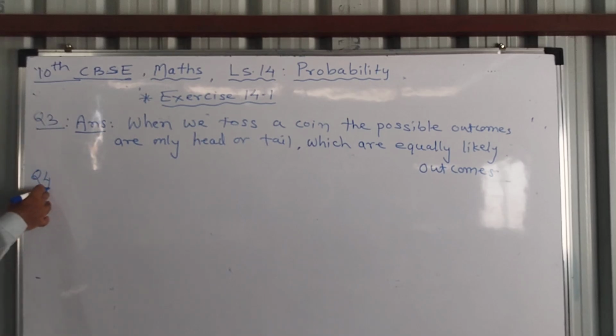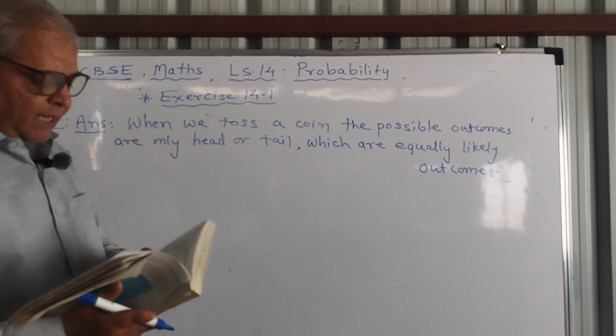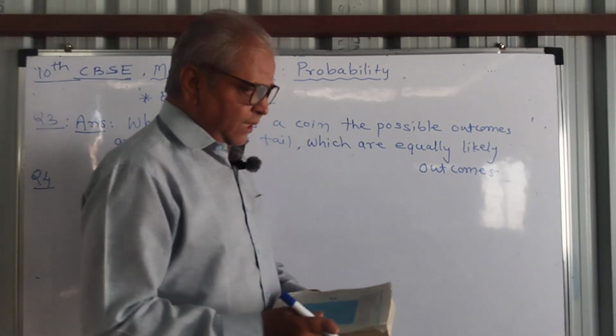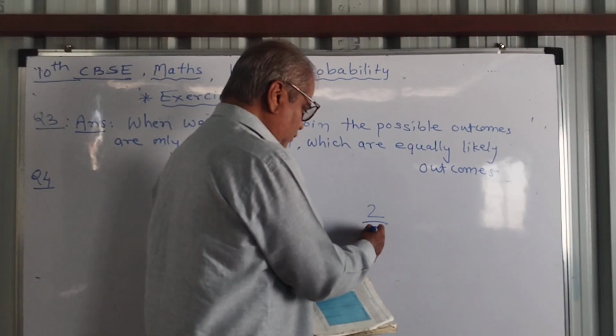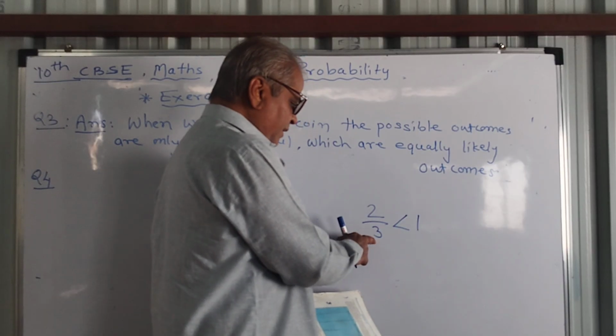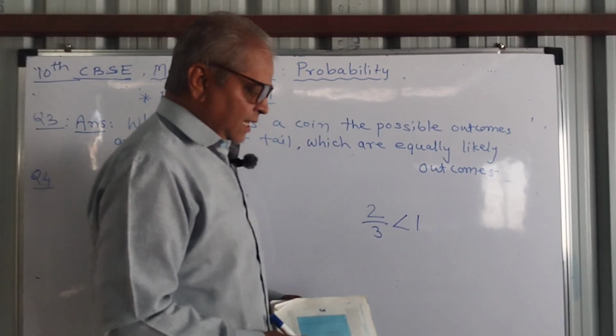Question number 4. Which of the following cannot be the probability of an event? This question may be asked as an MCQ. See, 2 upon 3 is less than 1, as the denominator is greater than the numerator, so the value of 2 upon 3 is less than 1.